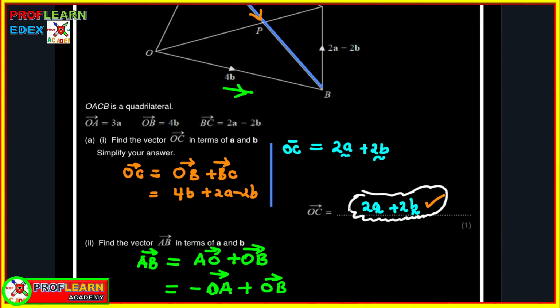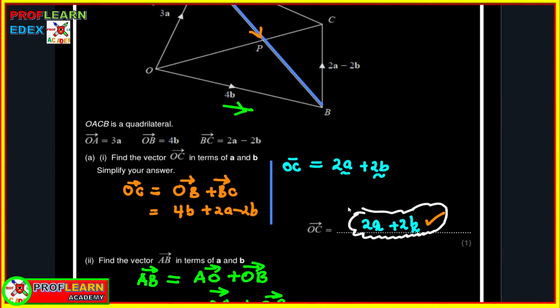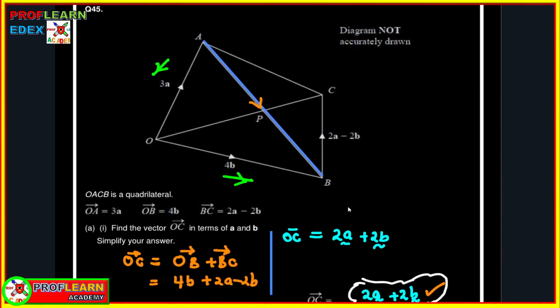Let's move down. We're supposed to find vector AB in terms of vector A and B. For you to move from A to B, that's why I've indicated this arrow. The starting point is A, and the terminal end is this B that we have here. So we're going to move against the original arrow that was given, in that direction.